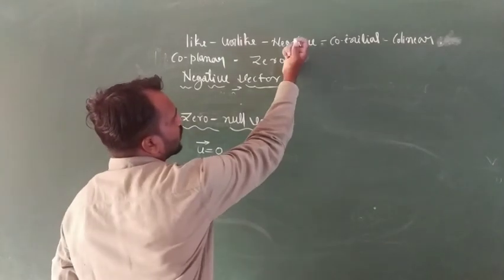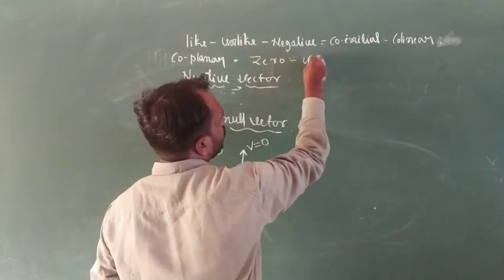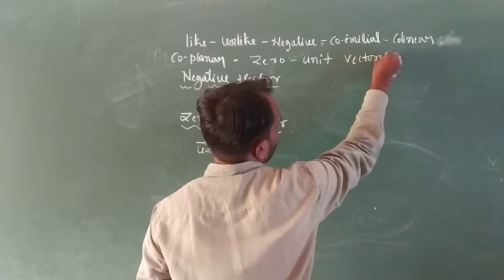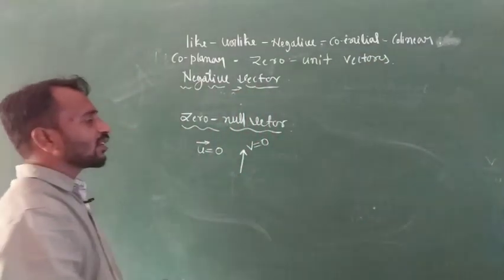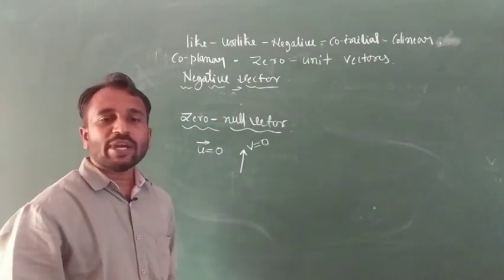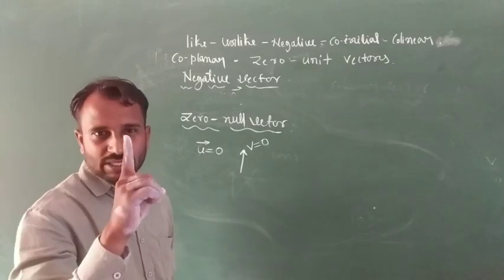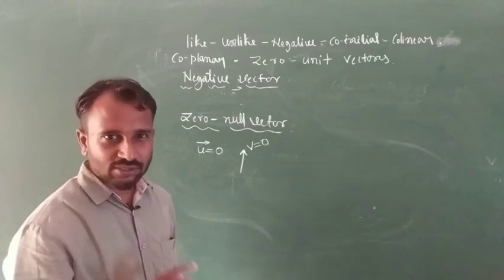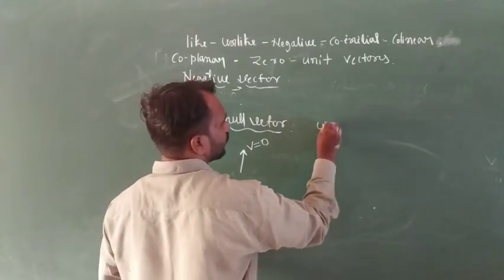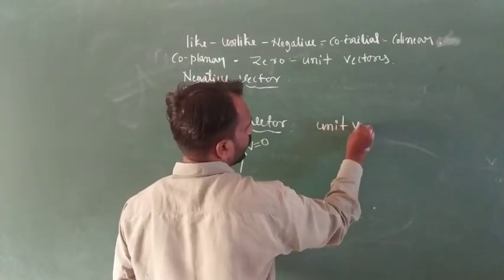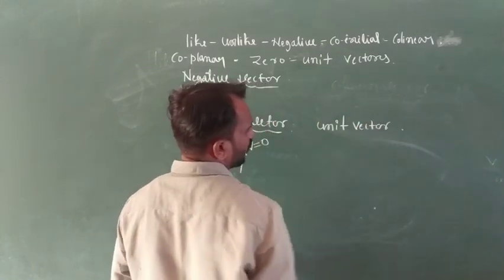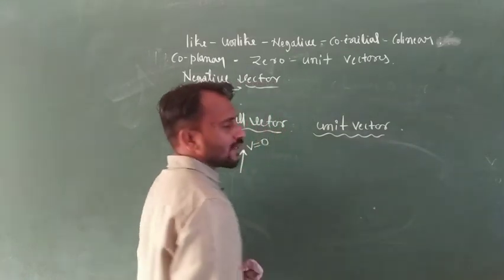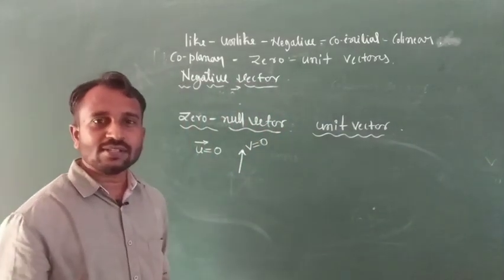Another one we consider is the unit vector. The magnitude of a unit vector is 1. It is a vector and its magnitude we consider as 1.